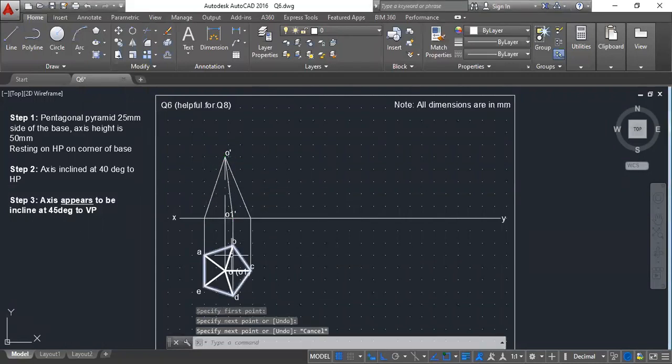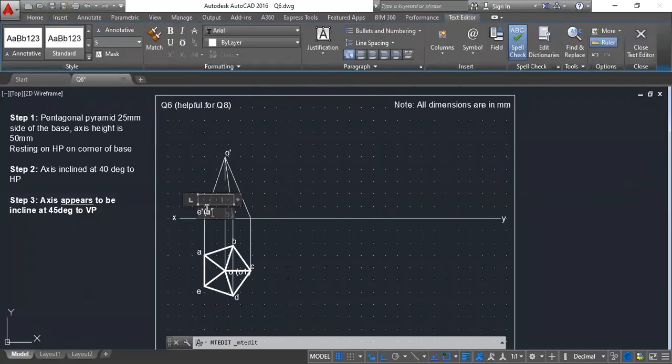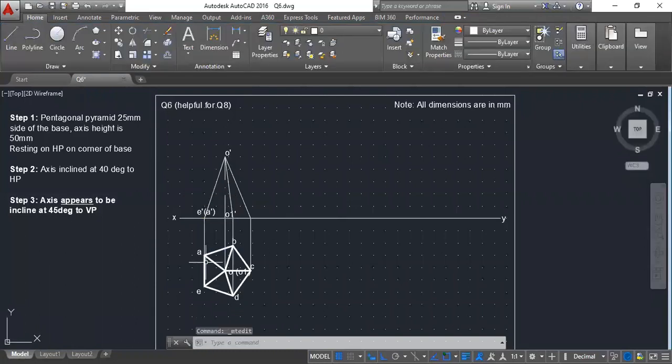The next thing will be naming. If you have any doubts in naming, the first thing that you can do is, this is front view, so imagine as if you are seeing from the bottom. When you see from the bottom, the first point that you see is E here, correct? So the first point that we see is E, and behind E we have A, so write A prime in the bracket.